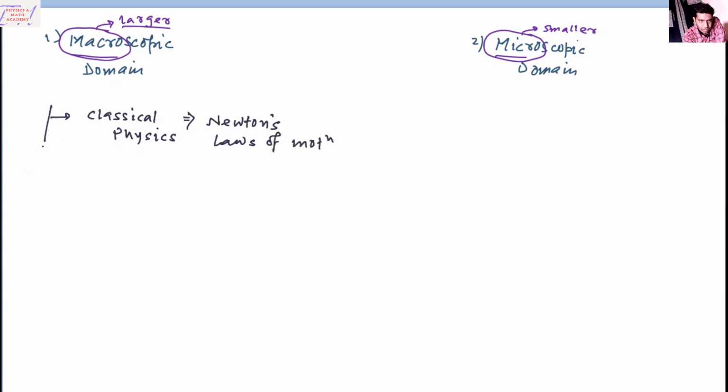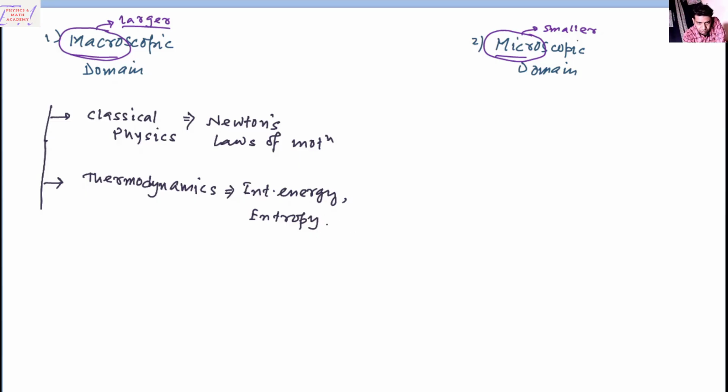Some other aspects are there. Thermodynamics is there. In thermodynamics, it is associated with internal energy, entropy, and thermodynamic temperature.